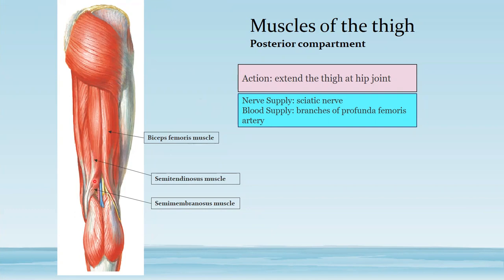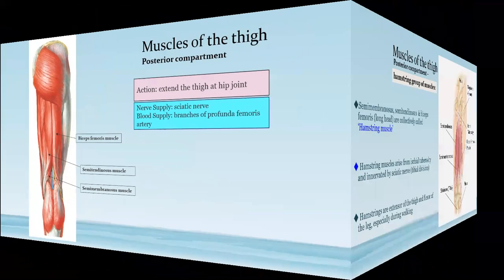They all extend the thigh at the hip joint and are supplied by the sciatic nerve, and the blood supply is by the branches of the profunda femoris artery.